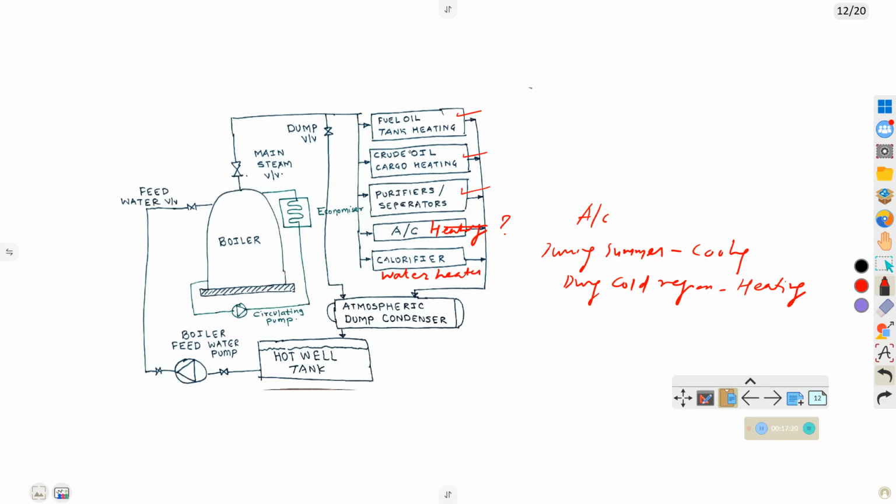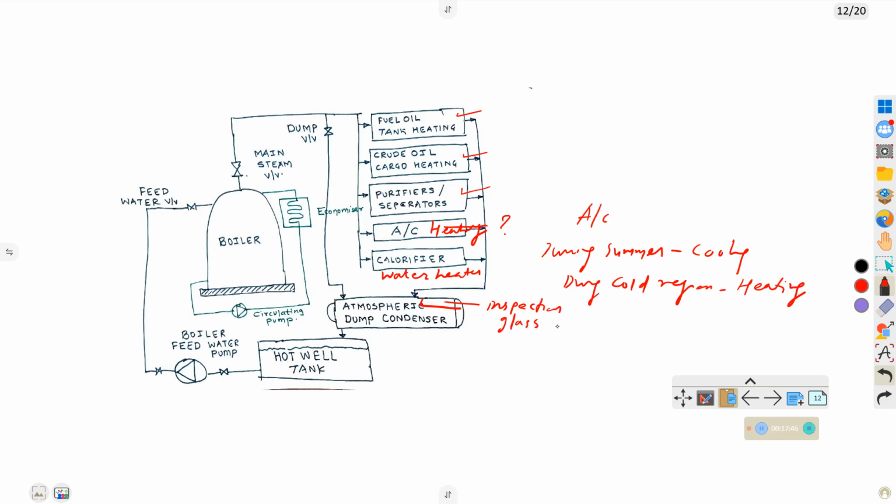After all this operation, this is the steam inlet and this is the steam outlet. So that common steam outlet goes to the dump condenser. On the dump condenser there is an inspection glass.